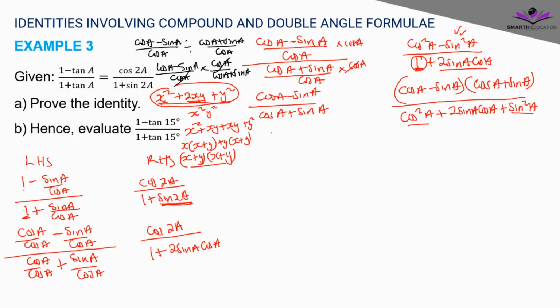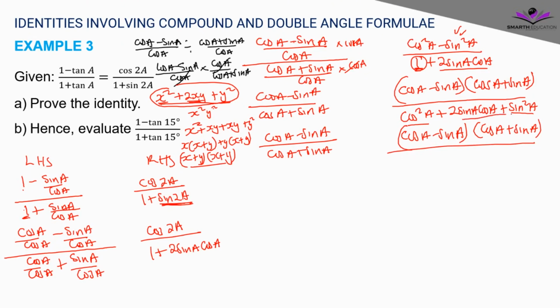Okay, all right. So (cos a minus sin a) over (cos a plus sin a), then we have cos a minus sin a, right? And then cos a plus sin a, right? Then this written as product of its factors will be (cos a plus sin a) times (cos a plus sin a), right?